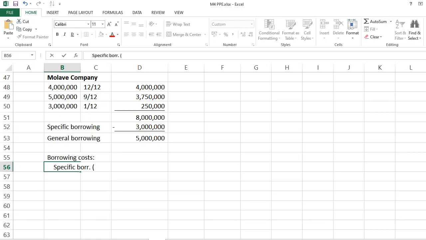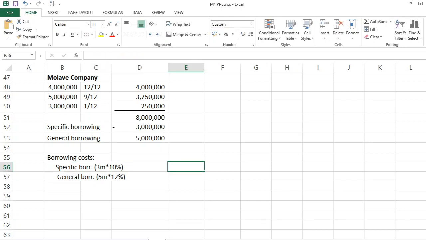Okay, that would be 3 million times 10%. Was it 10%? 10%. And for our general, that would be the 5 million na compute natin sa itaas times the only interest rate or the rate of the only general borrowing. Okay, that would be 300,000, I believe, and that would be 600,000 for the general borrowing.